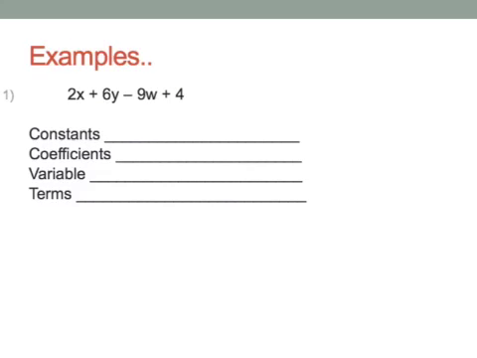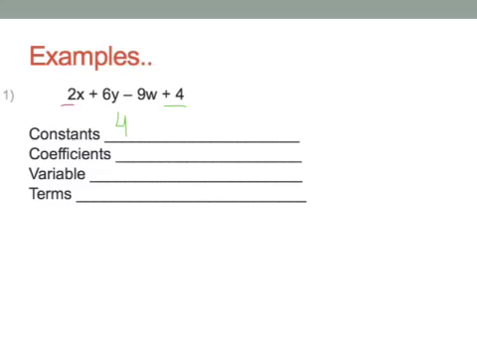For an example, we have this expression, and we want to identify the constants, coefficients, variables, and terms. So constants first. If we plug in numbers for x, y, and w, that will not affect the 4 at all. The 4 will always stay a 4. So therefore it is our constant. For coefficients, they're numbers in front of the variable.